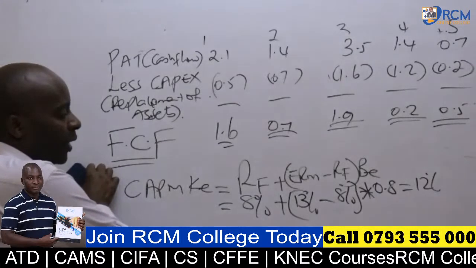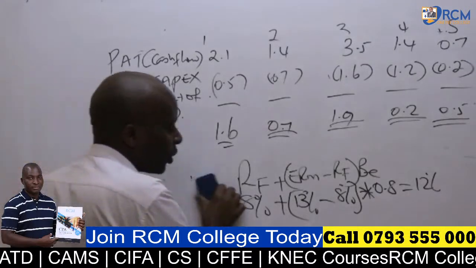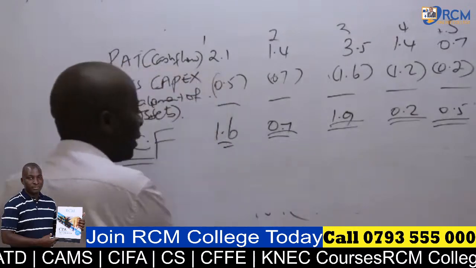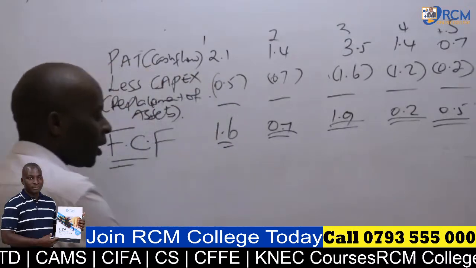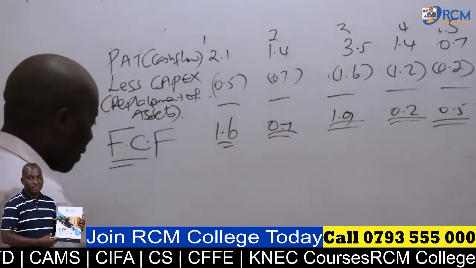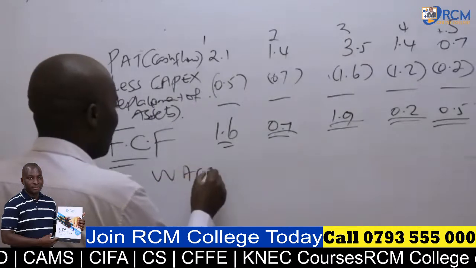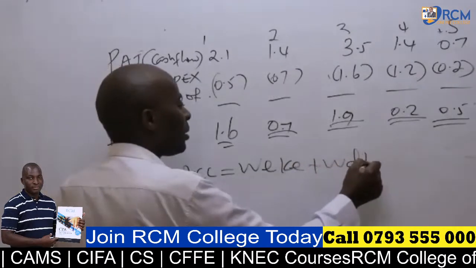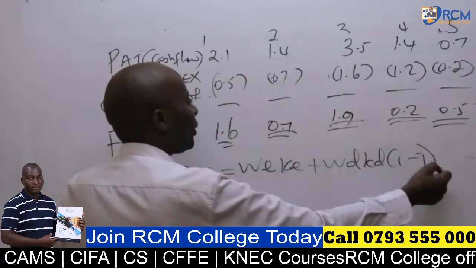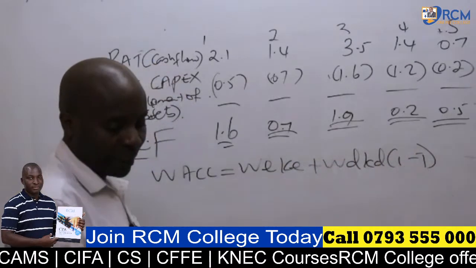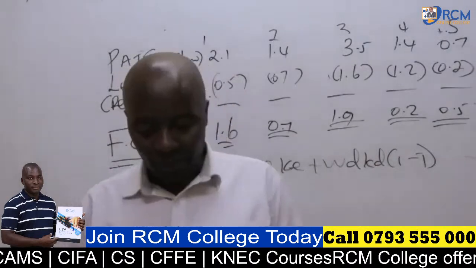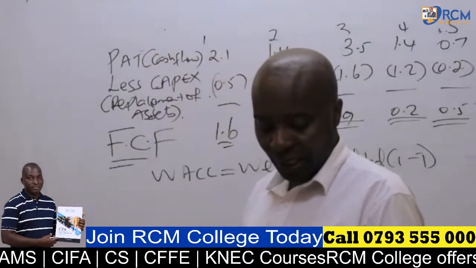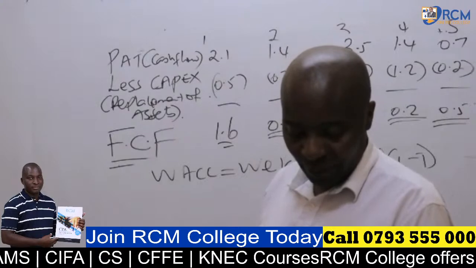So how do I get WACC? That is the simplest thing we can talk about on earth. To get WACC, we normally talk of weight of debt times cost of debt into 1 minus tax. And then, remember the weights have been given.